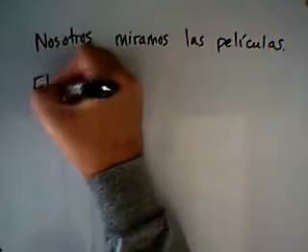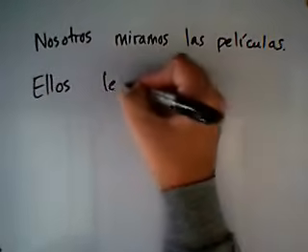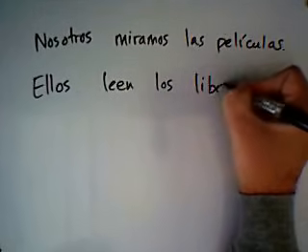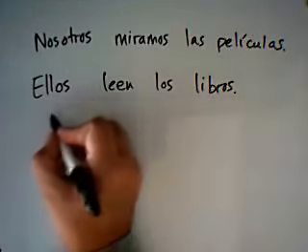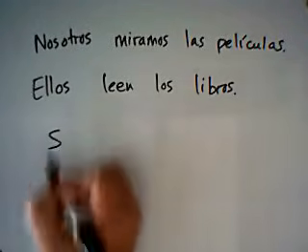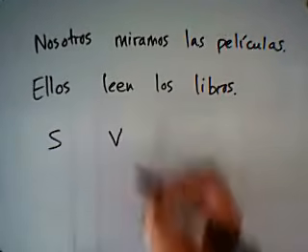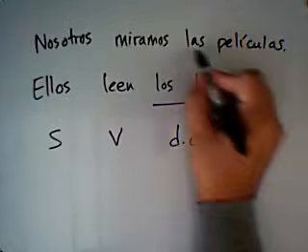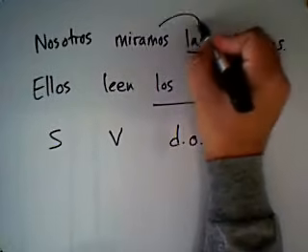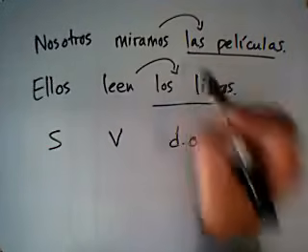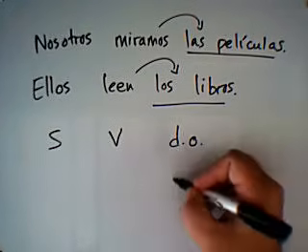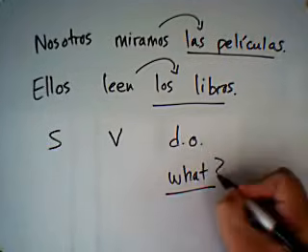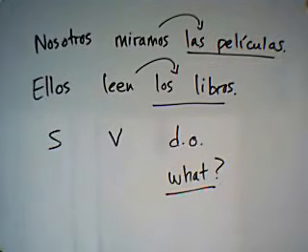Okay, ellos leen los libros. Okay, again, in both cases, we have a subject pronoun, a main verb, then we have our direct objects. Okay, los libros y las películas, the nouns that are directly receiving the action from the verb and answering our question, what? What receives the action from the verb?